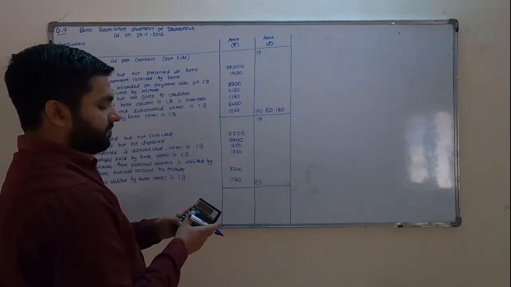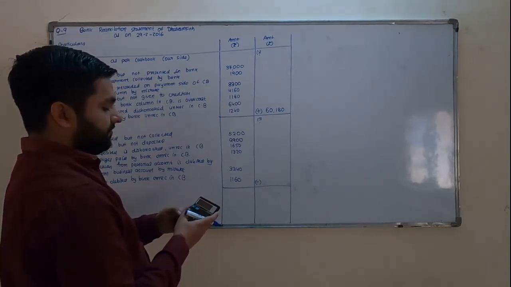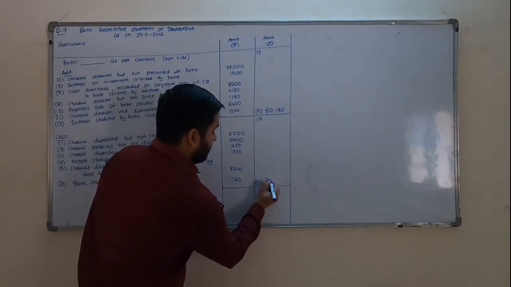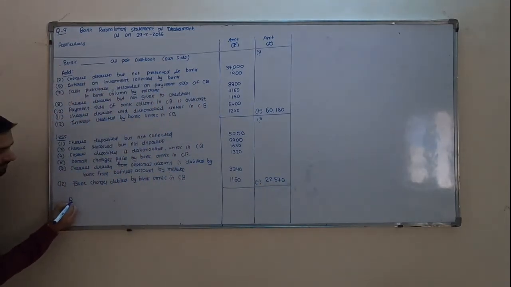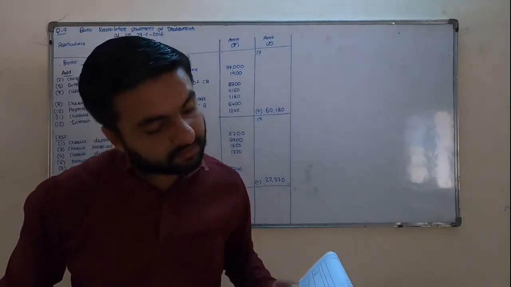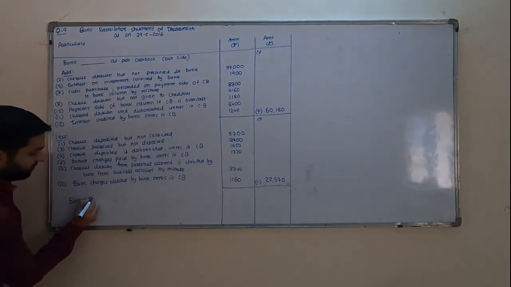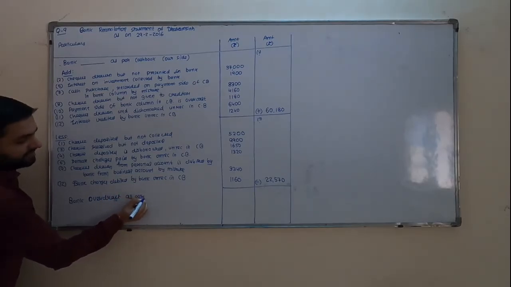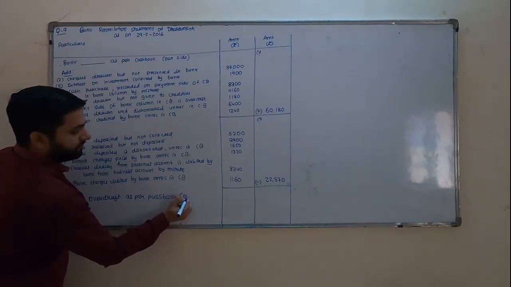$50, $200, $9,900, $1,650, $1,320, $3,340, and $1,160 is 22,570. Now, below, the answer is given: bank overdraft as per passbook.